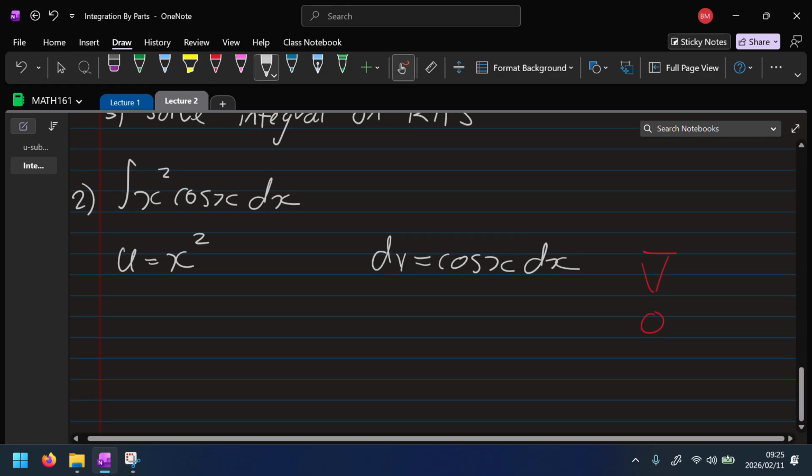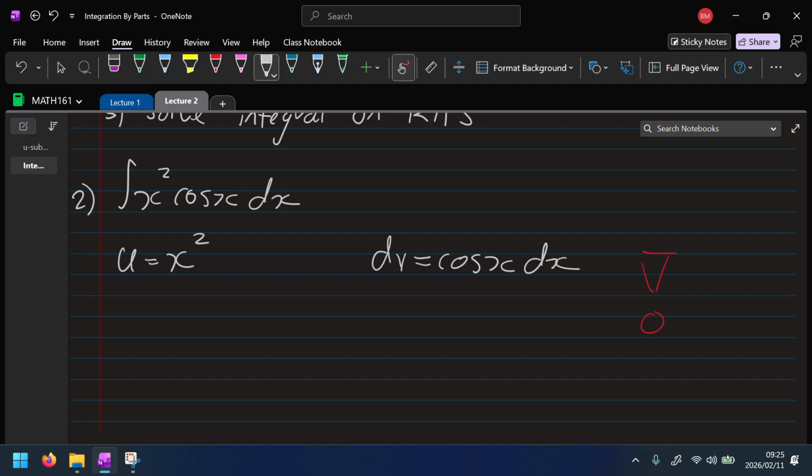On the first one there, u equals x squared, we need du. What's that going to be? 2x dx. Good. And on this side, we integrate. So we get v equals, now we need to be careful again. We're on the integrating side. So the integral of cos is sine. No minuses anywhere.